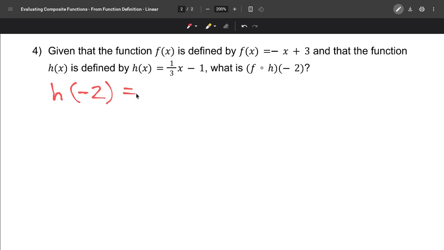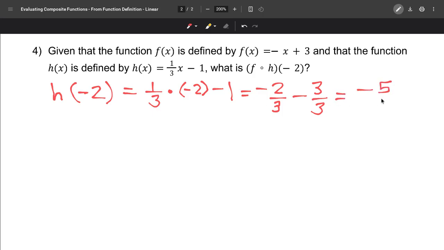So that's going to be 1/3 times negative 2 minus 1. Okay, so that's negative 2/3 minus, I'm going to rewrite this 1 as 3/3, which we can do. That way we can combine our fractions easier. So negative 2/3 minus 3/3 is negative 5/3.